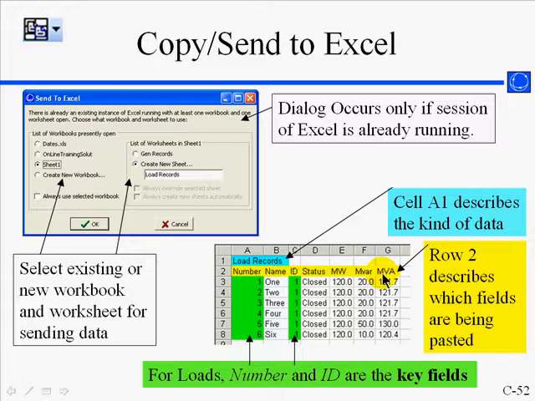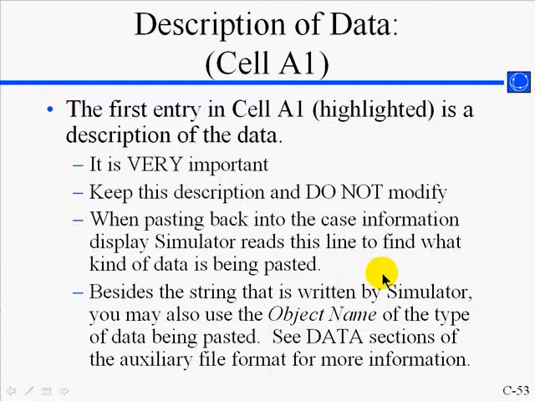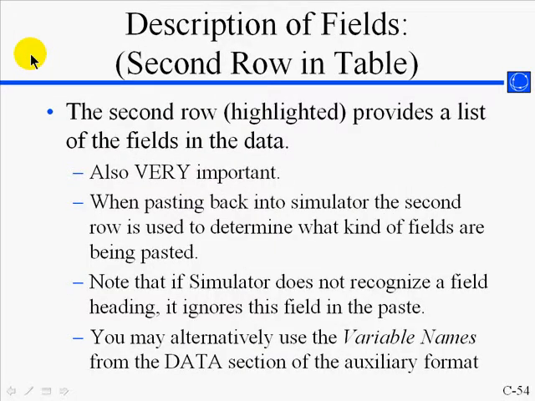So cell A1 in this case is the identifier of the object, and of course it's very important. If you modify it, then it won't necessarily allow you to paste back into Simulator. And then of course the second row shows the fields, which again is important for the reasons that we mentioned.